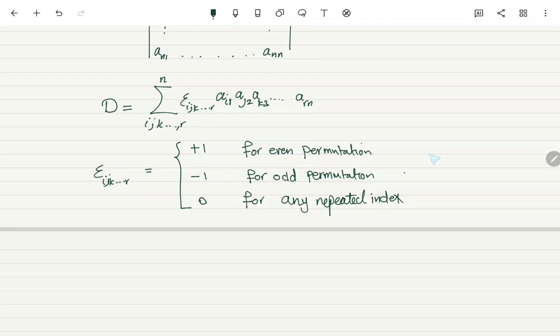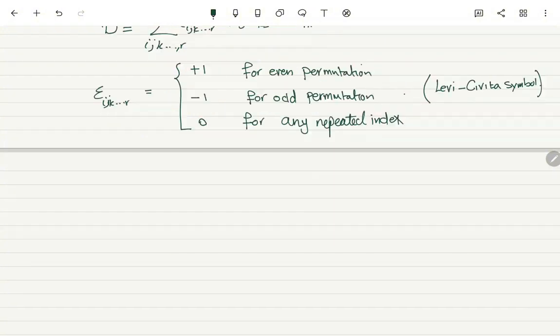This epsilon here is known as the Levi-Civita symbol.